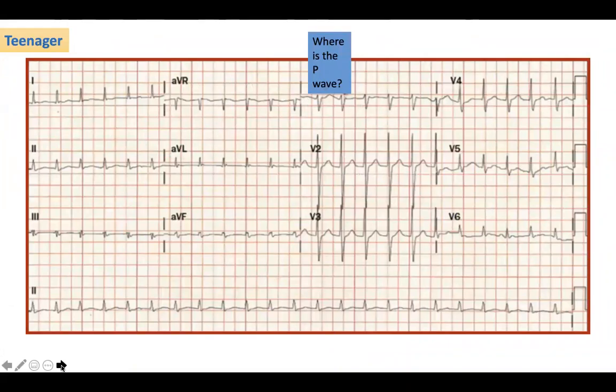So if you see a narrow complex tachycardia, you always ask yourself, it's fast, narrow complex tachycardia, it's SVT. Okay, then what type of SVT? To figure it out, you want to ask yourself, is it long RP or short RP? Here, you don't see clear P waves, so then it's more likely short RP, right?